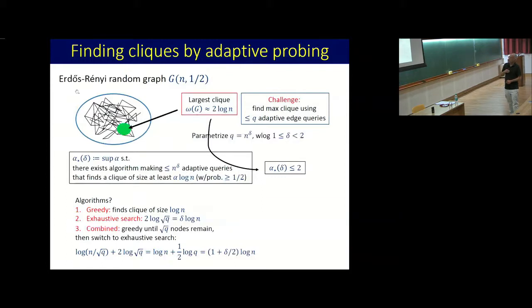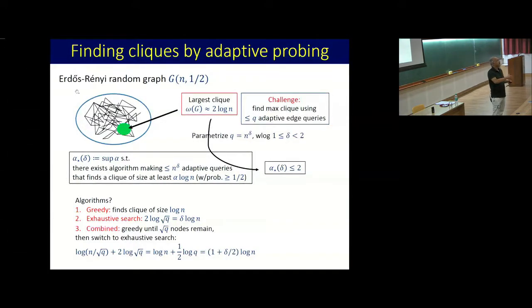This part is clear, because we just talked about it: once you have square root Q remaining, exhaustive search on that gives me 2 log square root Q. Why this other term? Well, how long does the process go on?